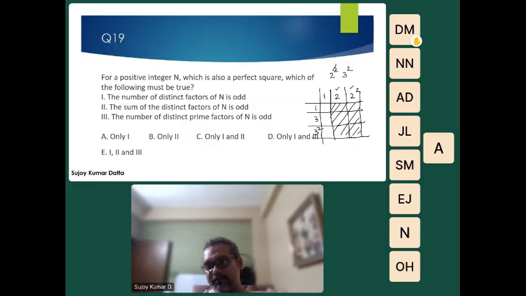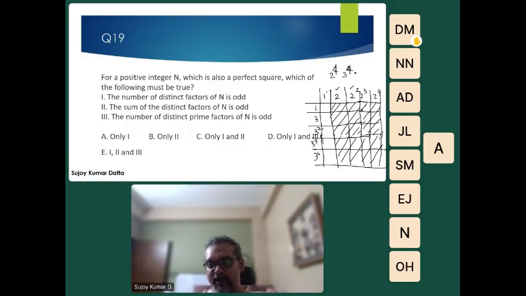If I had 2 raised to the power 4, there would be two more coming, 2 cubed and 2 to the power 4, which would also be even. If I have 3 to the power 4, this will just go on, becoming bigger with 3 cubed and 3 to the power 4. But this part will still remain even.